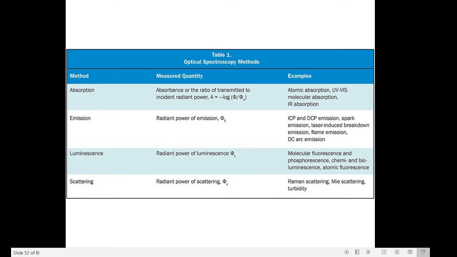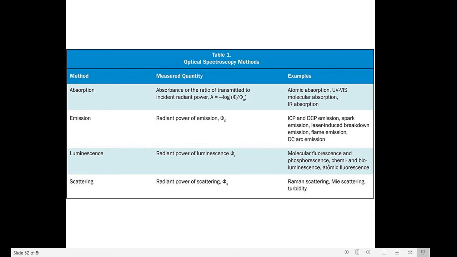Another thing is dichromism, or the emission based experiment. Luminescence experiment measures the radiant power of the luminescence. This is molecular fluorescence, using fluorophores.